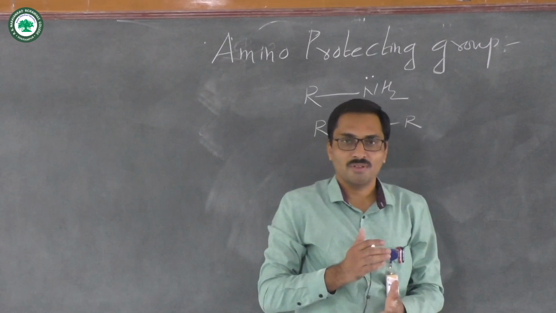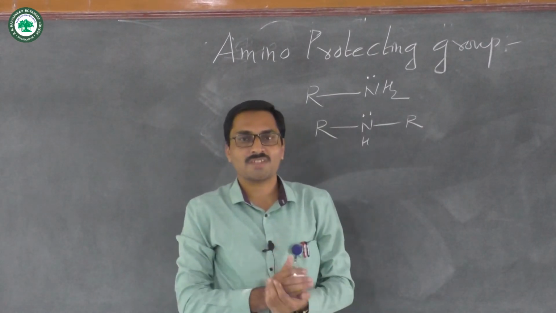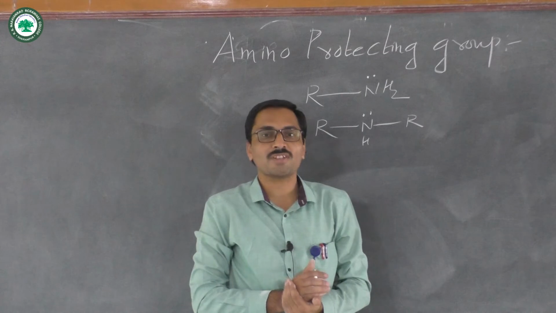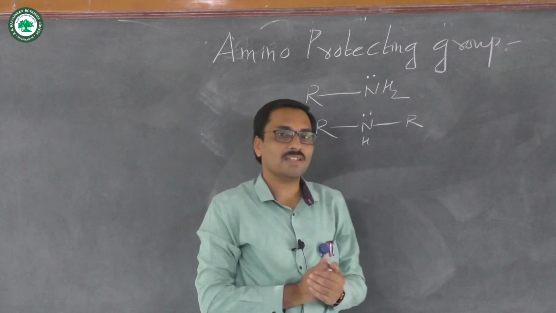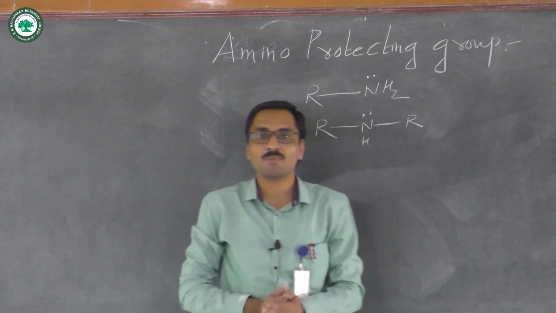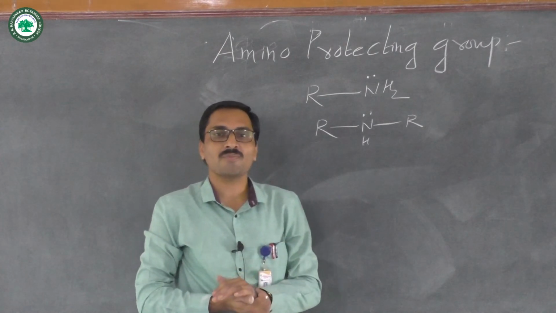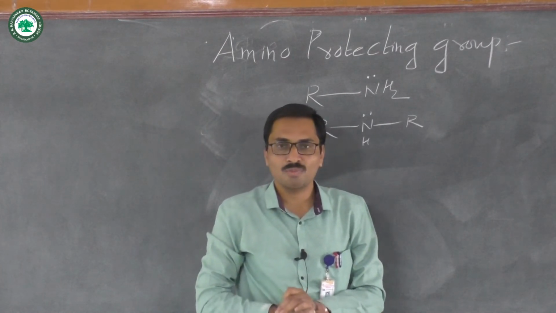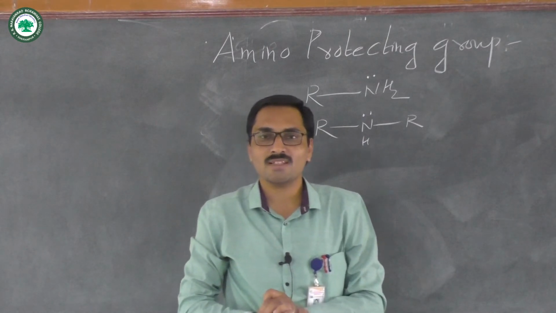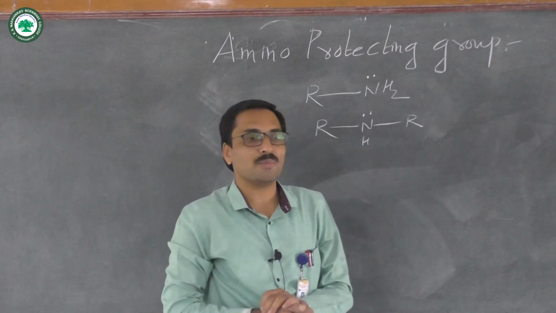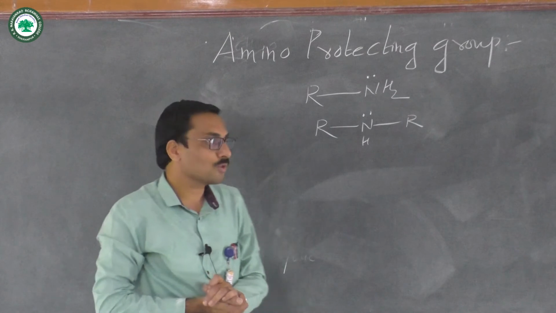So if we want to decrease the basicity or nucleophilicity of an amine, that amine functional group can be protected using a suitable protecting group. By using a suitable protecting group, the nucleophilicity as well as the basicity of the amine can be lowered.